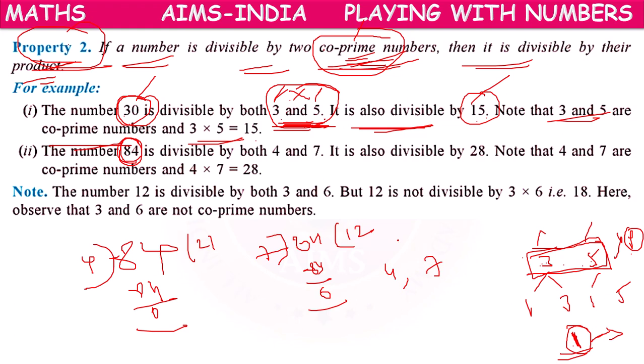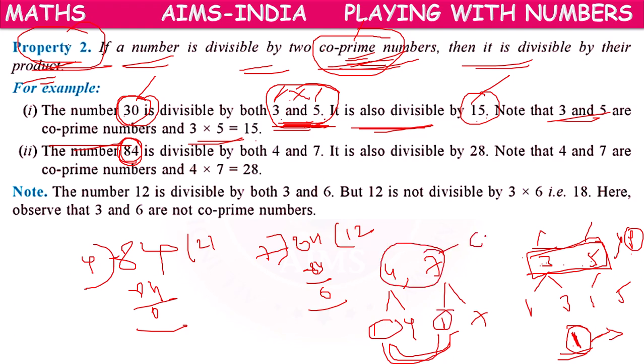The factors of 4 are 1 and 4. The factors of 7 are 1 and 7. What is their common factor? Only 1. 1 is the only common factor of 4 and 7. So they are called co-primes. So here 84 is divisible by co-primes.